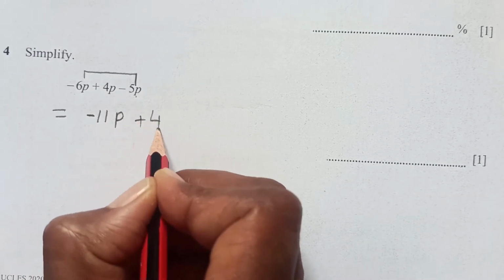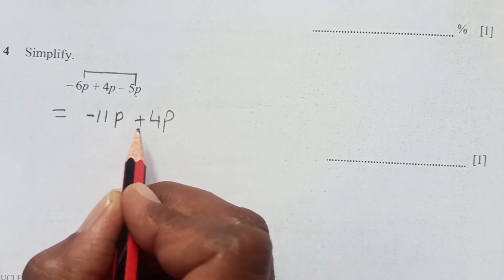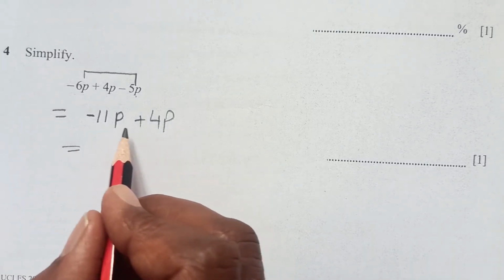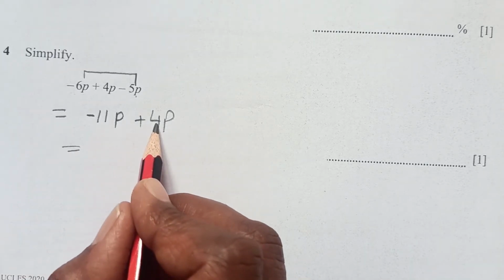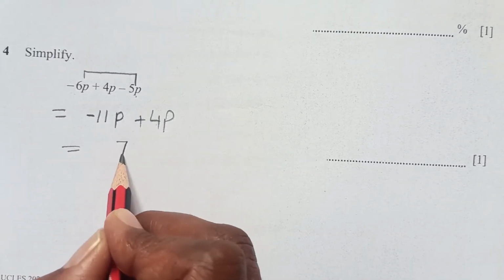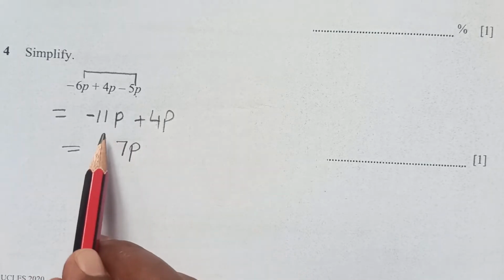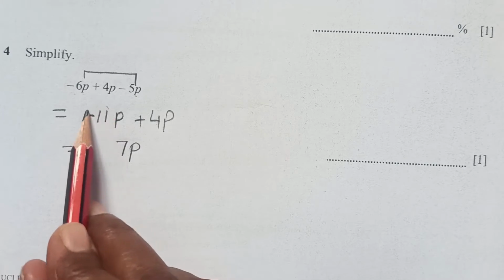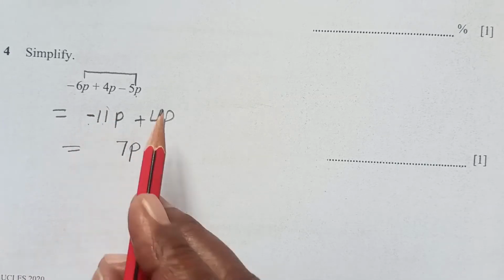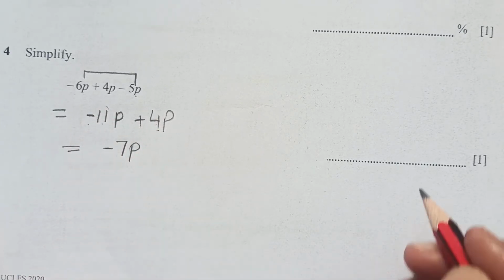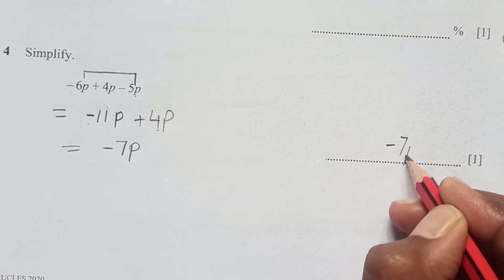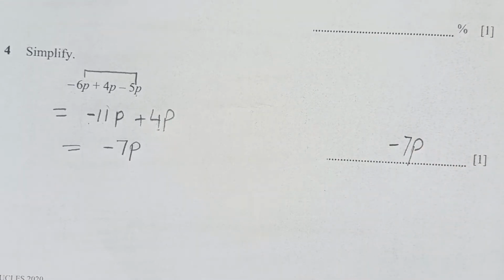Then plus 4p. Now we have two numbers with different signs. So this is negative, this is positive. So 11 minus 4 is 7p. But now remember how to put the sign. 11 is greater than 4 and 11 has a negative sign, so it will be negative 7p. So negative 7p is the final answer.